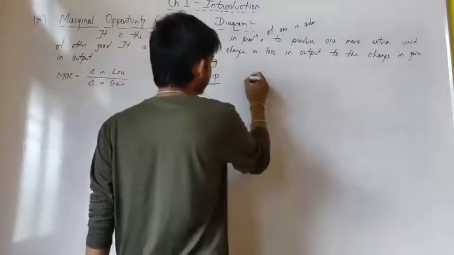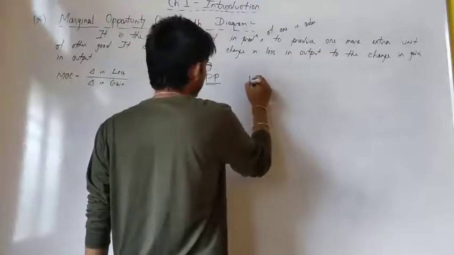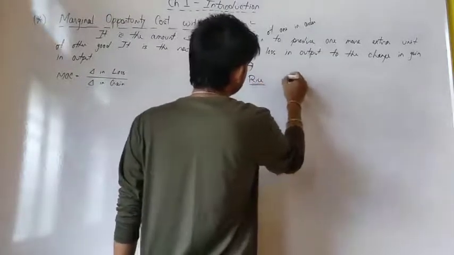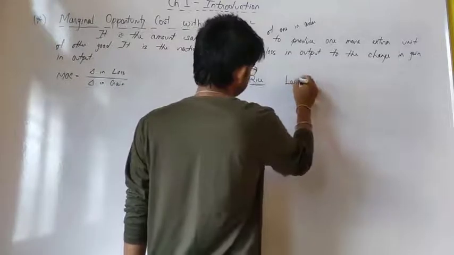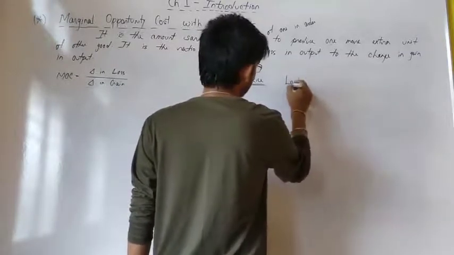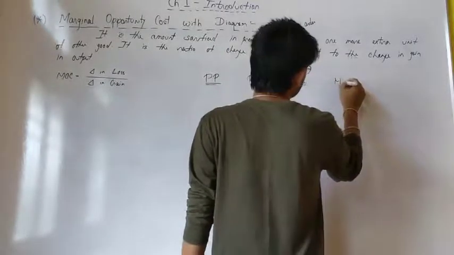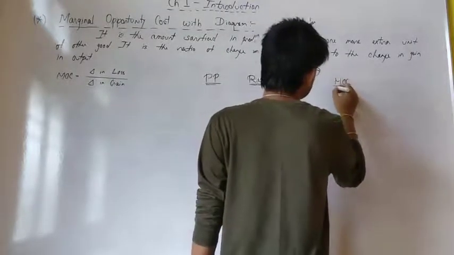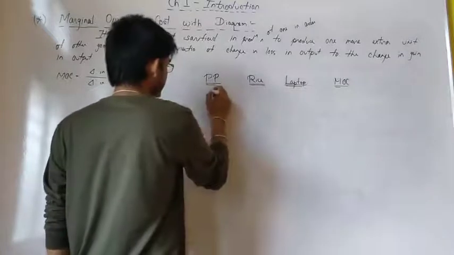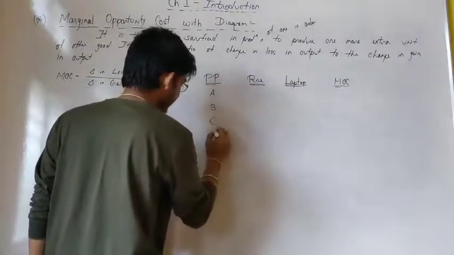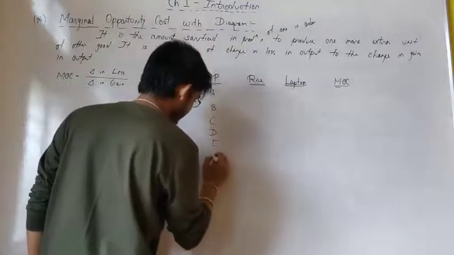Then let's take a labor intensive item, rice, and one capital intensive item, laptop, and finally our marginal opportunity cost, MOC.